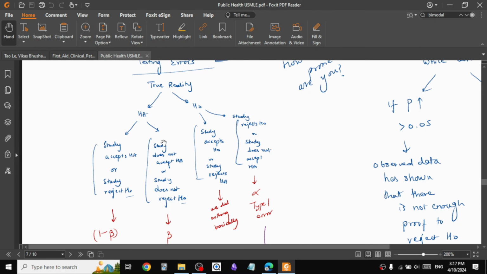What's the other hand? Study does not accept HA. So you made a study in which the reality was HA to be true, but your study does not accept HA. What's the problem? What did you do? Something was wrong. Or you have a study which does not reject H naught. You see the comparison between these two, and this was the reason I made it this way. I could have given you the table as well to explain it.